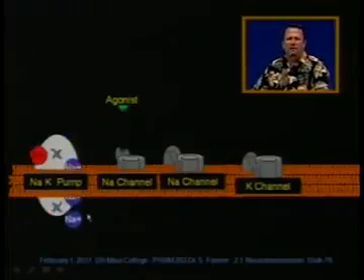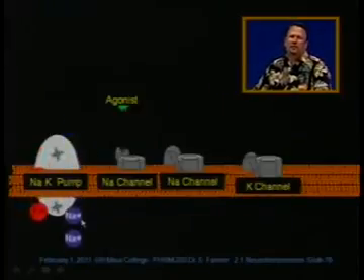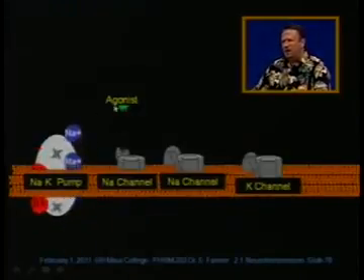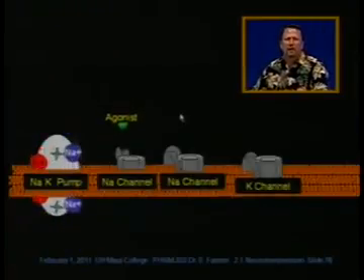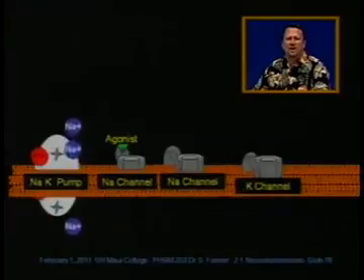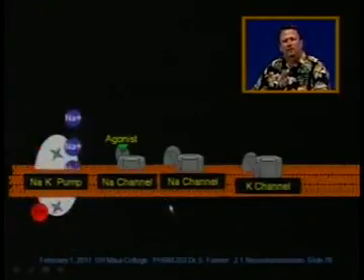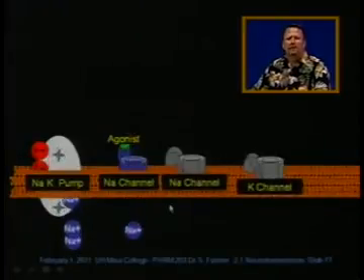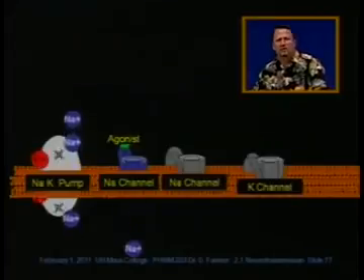So here, our sodium-potassium pump is doing its job to create that sodium force. And here comes some agonist, some kind of neurotransmitter, and when it comes in contact with its receptor, it's going to open a sodium channel, in this case, and allow sodium to begin to rush into the cell.